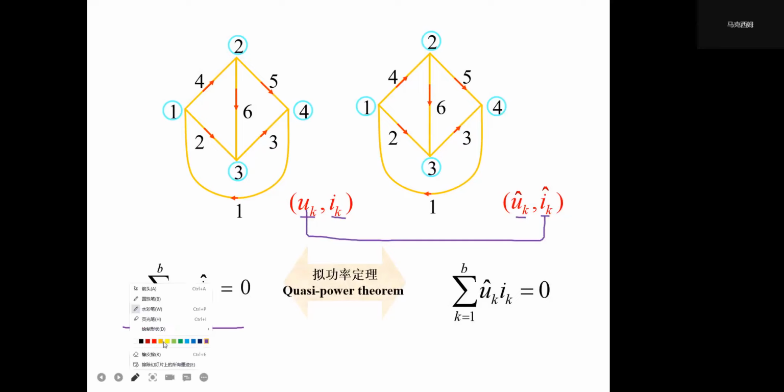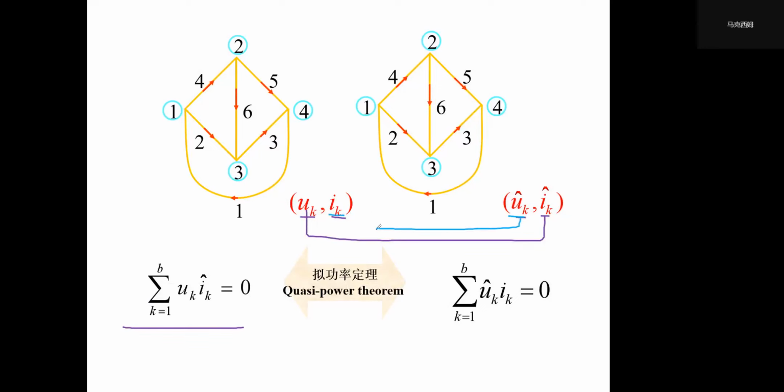And also we combine the current of the first one and multiply it with the corresponding branch voltage of the second one, and it also equals 0.